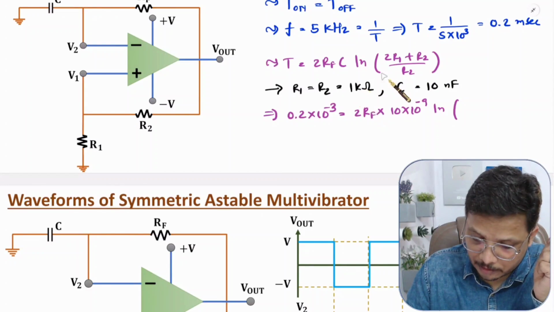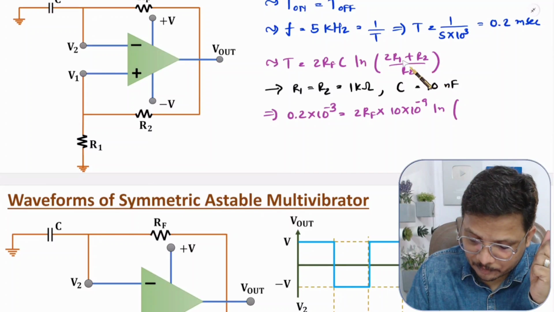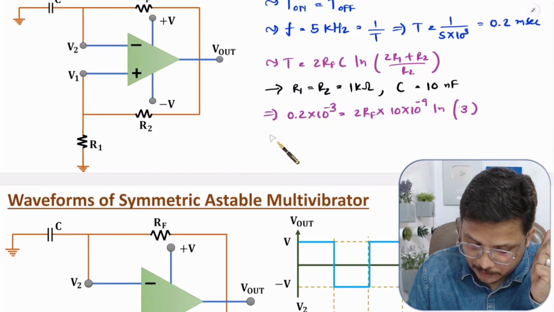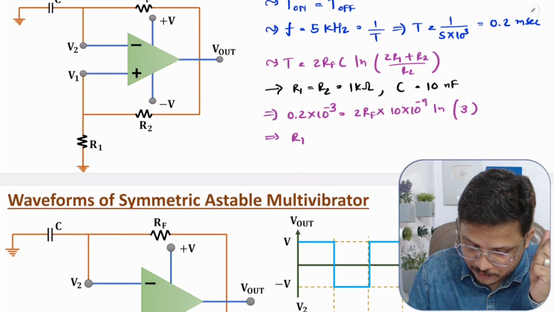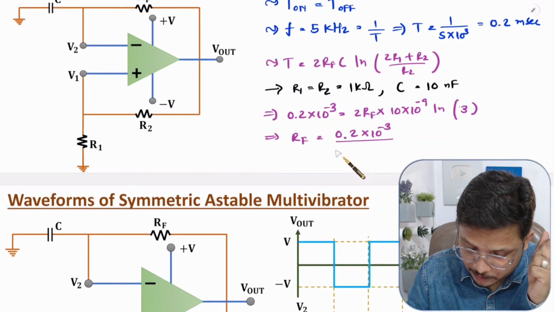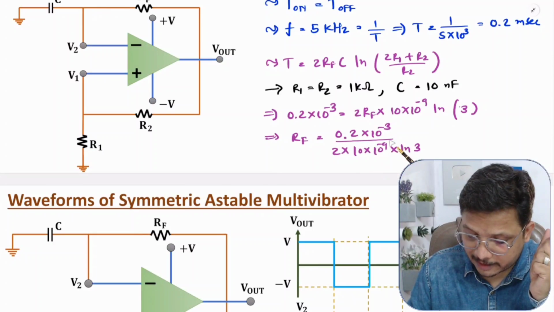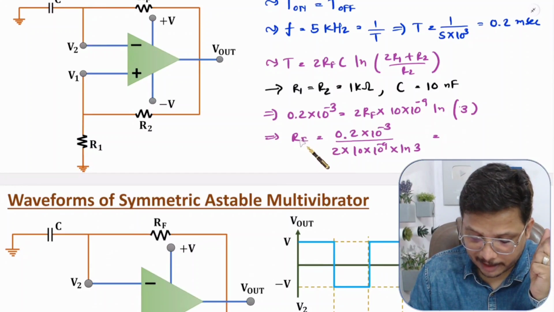If you substitute 1 kilo ohm over here, then 3 kilo ohm divided by 1 kilo ohm, that is resulting into 3 over here. So here you just need to solve this in calculator, that is 0.2 into 10 to the power minus 3 divided by this 2 and this 10 to the power minus 9 into 10 into ln of 3. You just solve this in calculator, you will be getting value of RF.